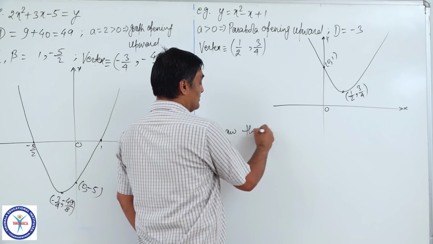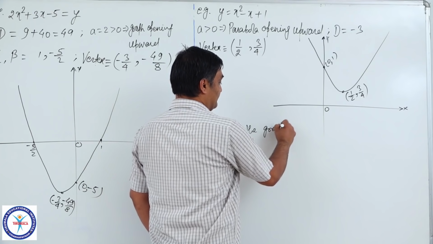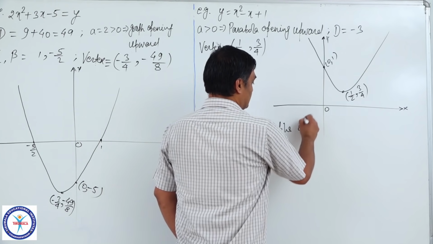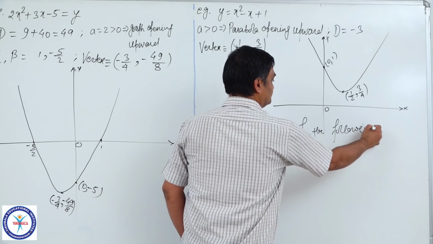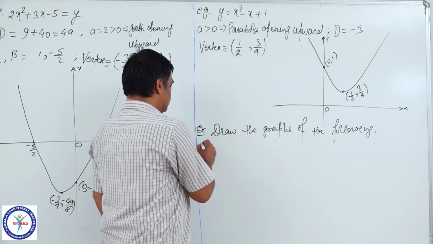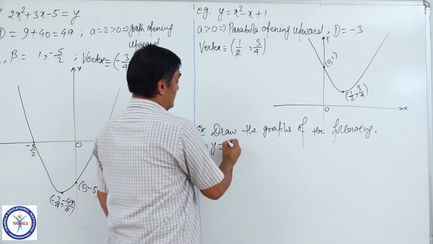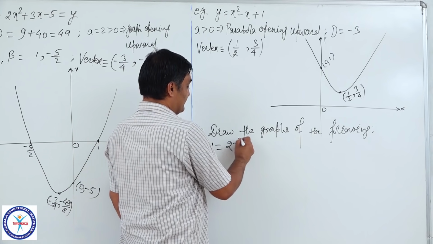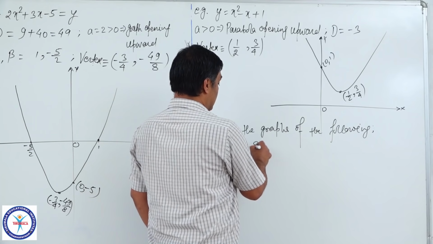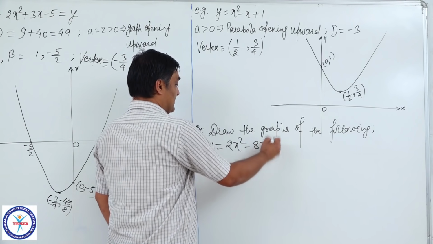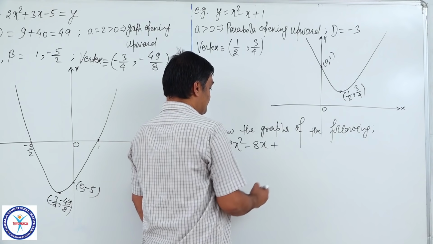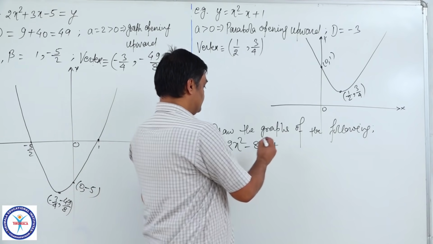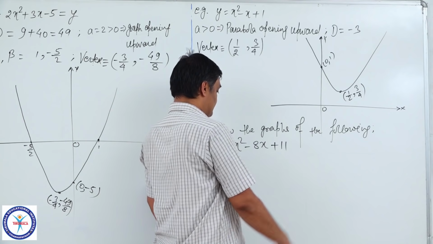Draw the graphs of the following. First, y equal to 2x square minus 8x plus 11.